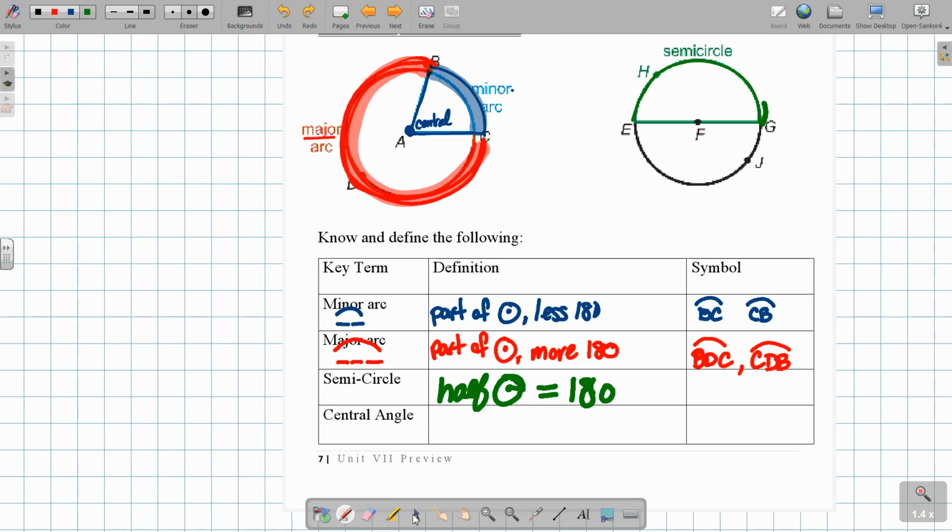So this semicircle right here, half a circle, we would call that semicircle E, H, G, 3 letters, E, H, G going to the right, or we could call that G, H, E. Three letters.